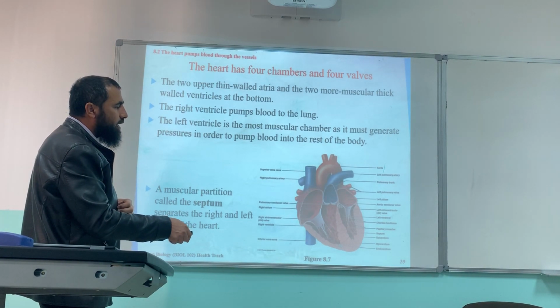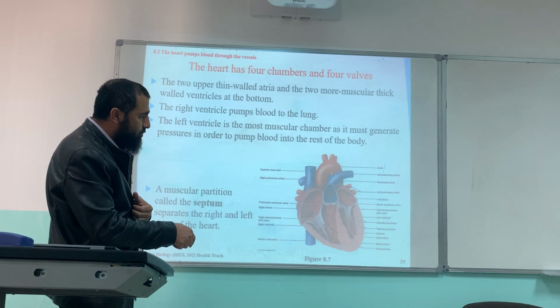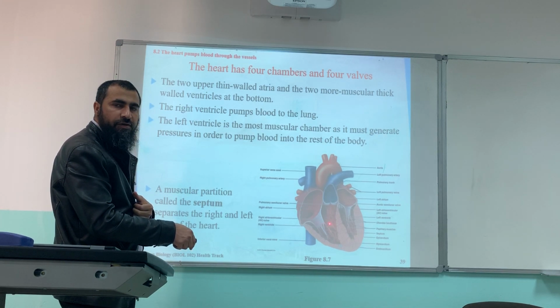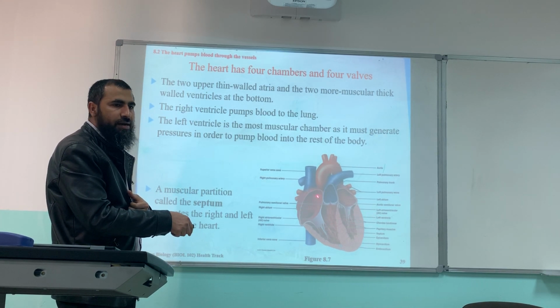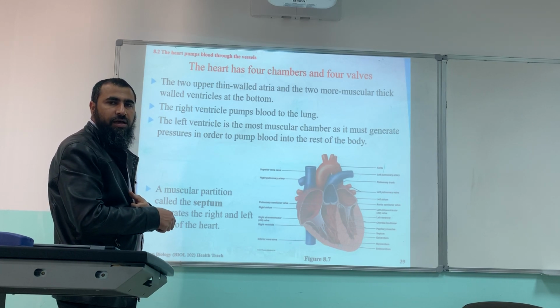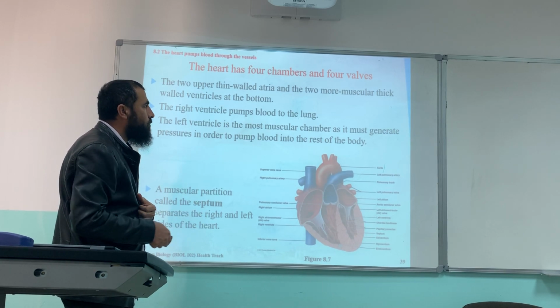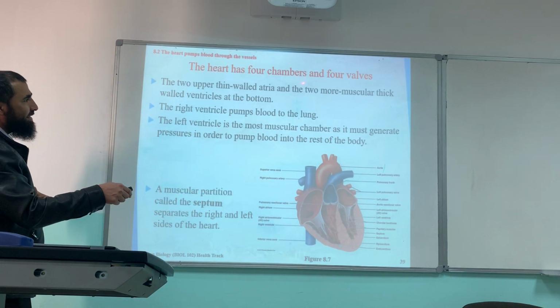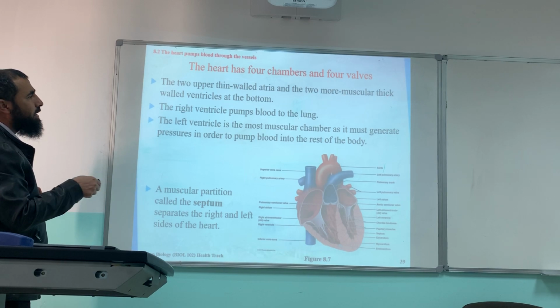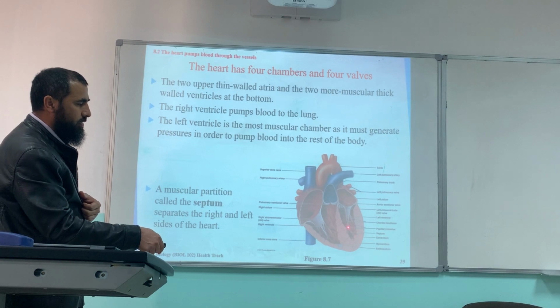These have a thinner wall because their function is just to push the blood into the ventricles. The blood doesn't need to go too far from the atria. That's why they have a thinner muscular wall. Then we have the thick muscular chambers. We call them the ventricles, the bottom chambers.